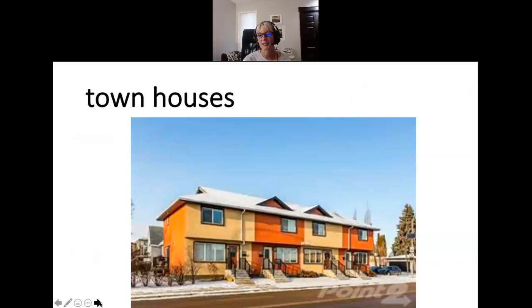Townhouses. Okay, you will live in 1 townhouse. Maybe I tell you I live across from the townhouses.